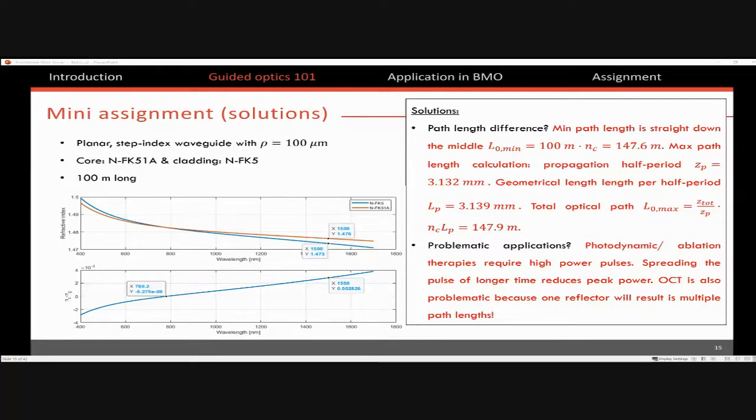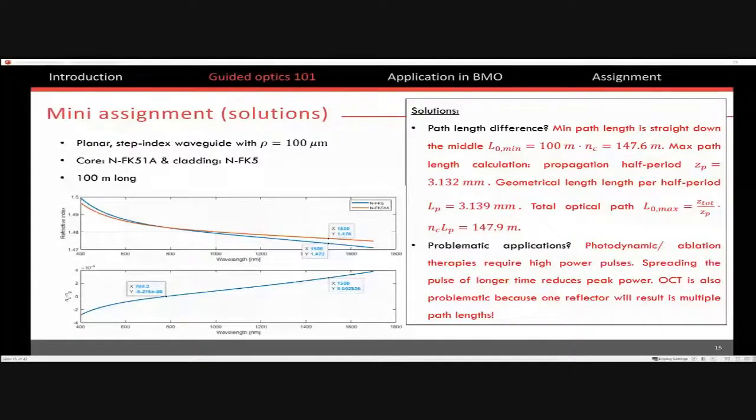If it's very long pulses, you tend to heat the tissue, and if it's very short pulses, you tend to do ablation or more drastic therapies. So if you use this waveguide to get inside the body, and it turns your very short pulse with very high peak power into a very long pulse, instead of ablating the tissue, you're going to end up burning it. And that's a huge problem for your therapy.